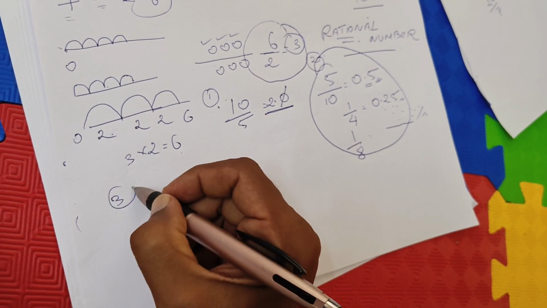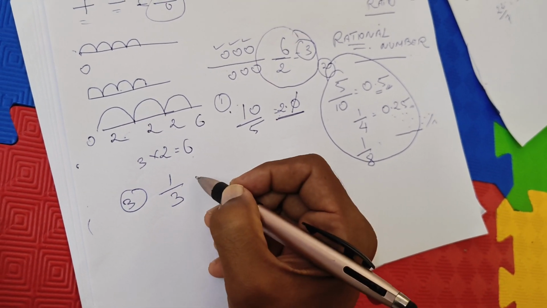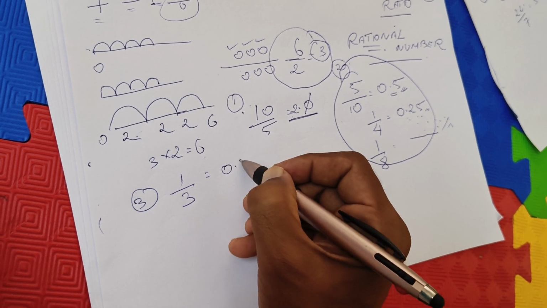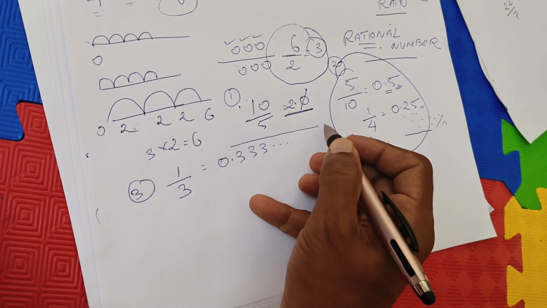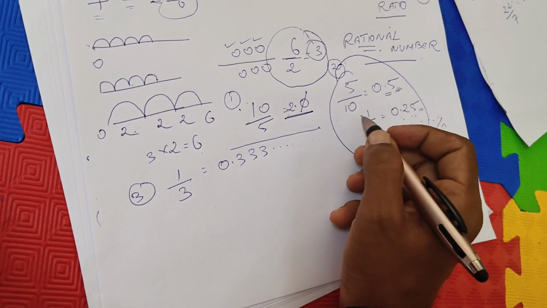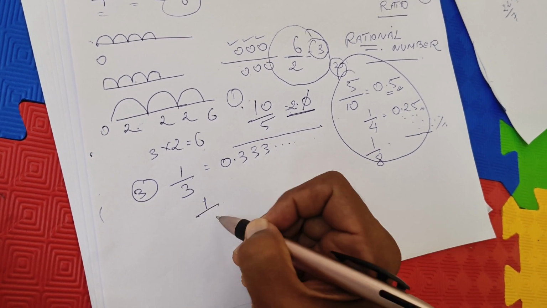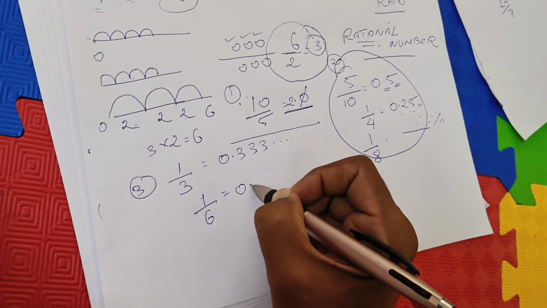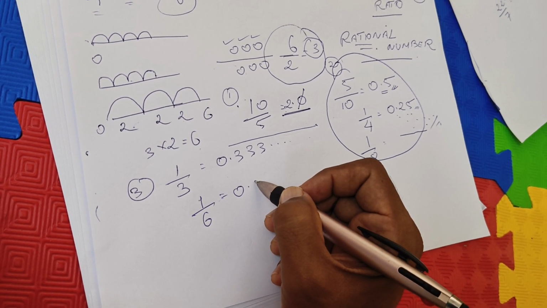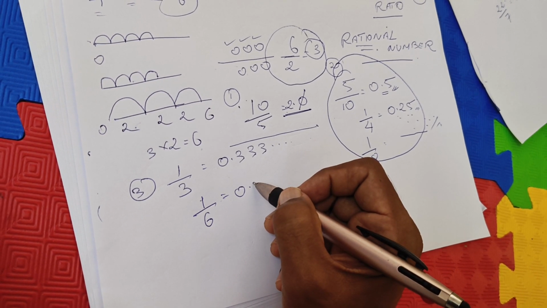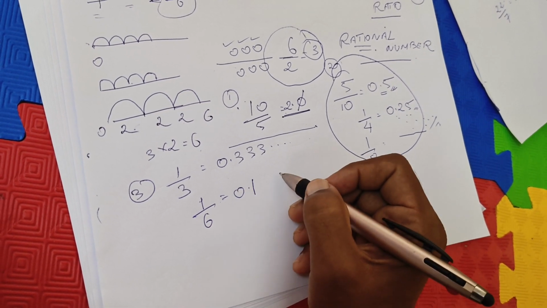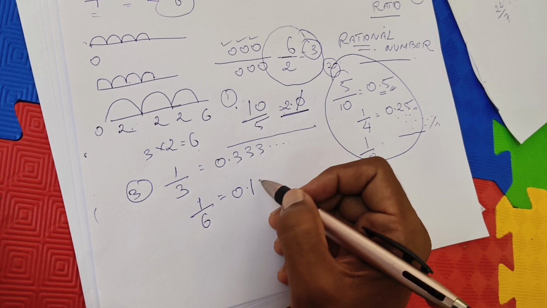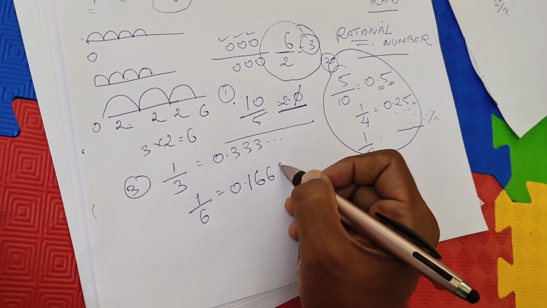What is the third category? 1 by 3. This number can just go on forever. 3, 3, 3, 3, 3. It can go up to infinity and never terminate. Similarly, 1 by 6. 0.1, so it is 1 followed by 40, so that is 6, with remainder 4, then 40, 6, 40, 6.